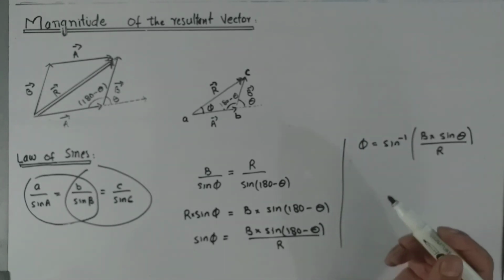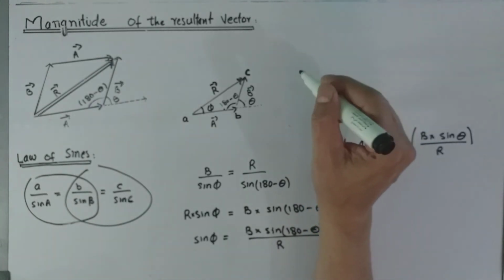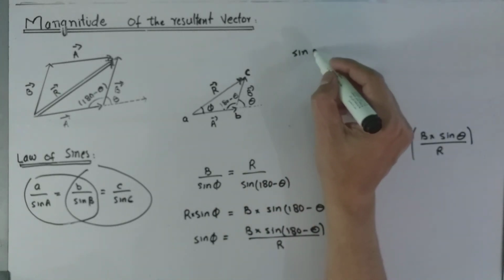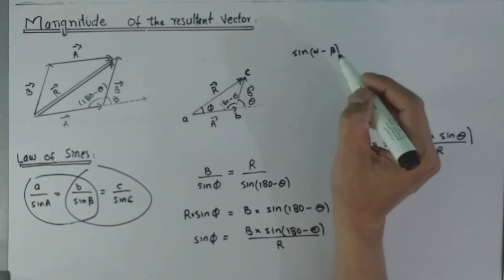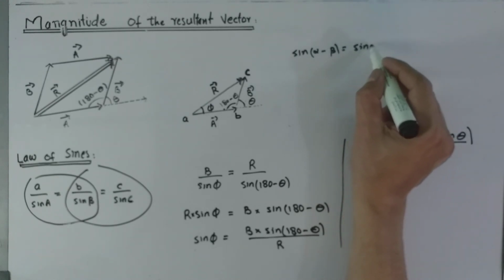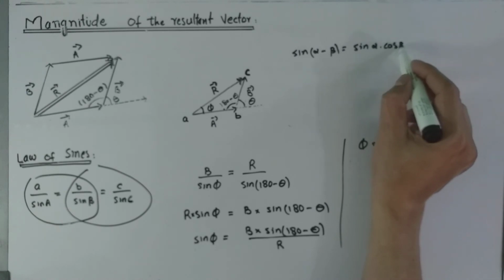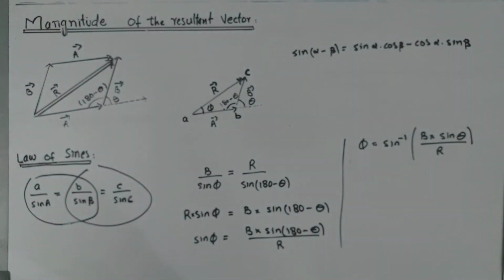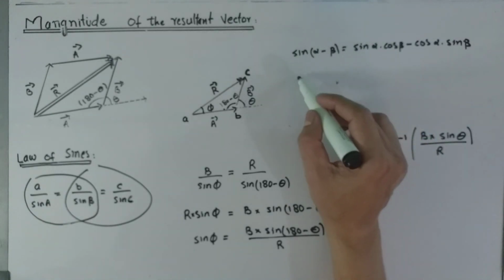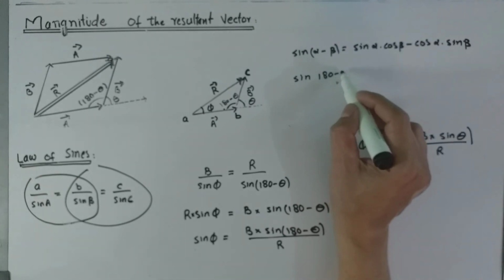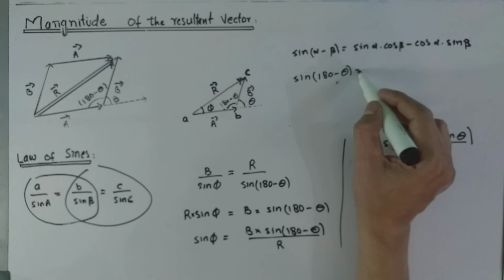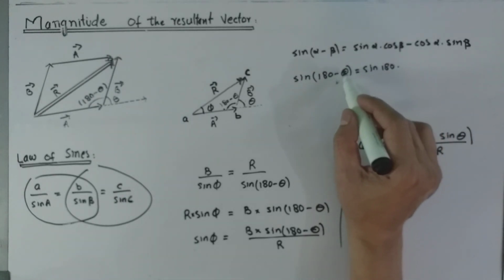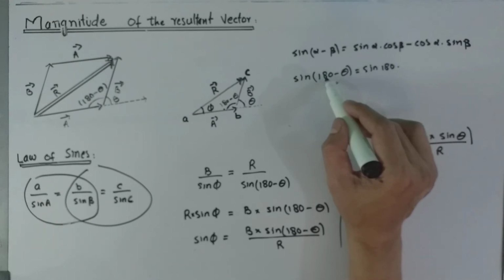How is sine 180 minus theta equal to sine theta? Let me derive this one here. We have a formula, which you will learn in class 11 mathematics, chapter number 10: sine alpha minus beta is equal to sine alpha cos beta minus cos alpha sine beta. Here sine alpha is sine 180, where alpha is equal to 180 and beta is equal to theta.